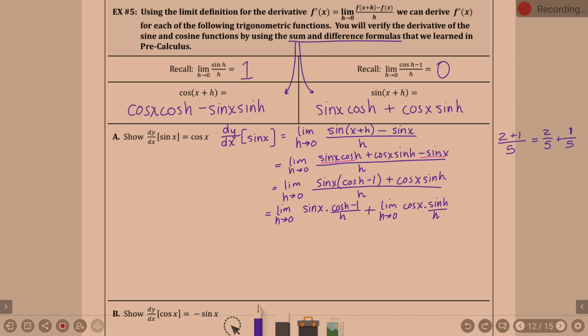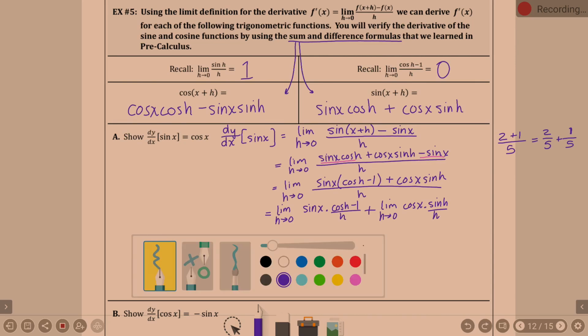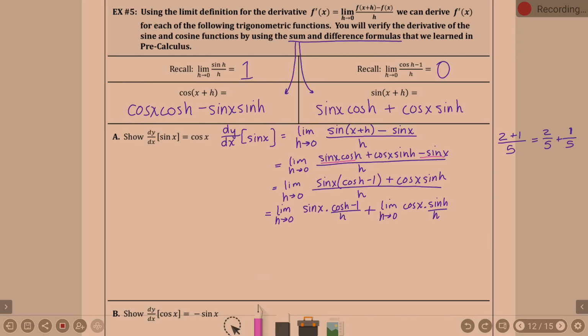Now, are you there? What do we know about the limit as h approaches 0 of cosine h minus 1 over h? It's going to be 0, yes? What do we know about the limit as h approaches 0 of sine h over h?